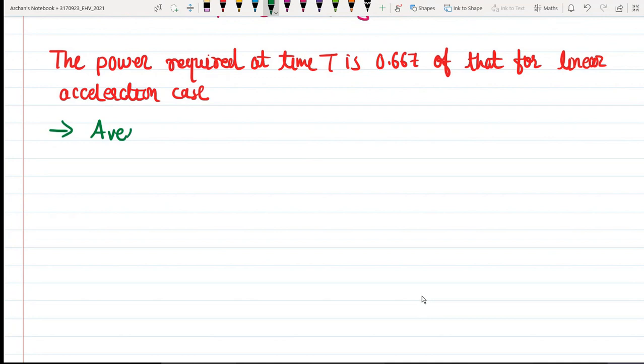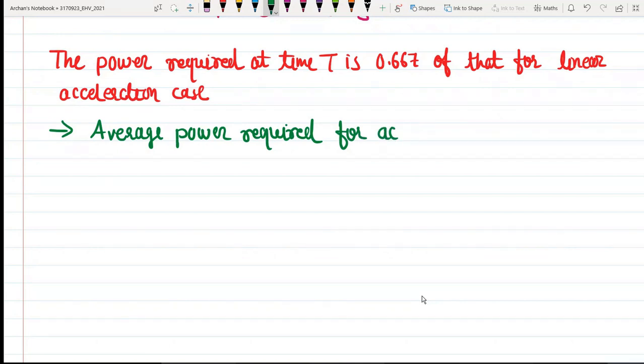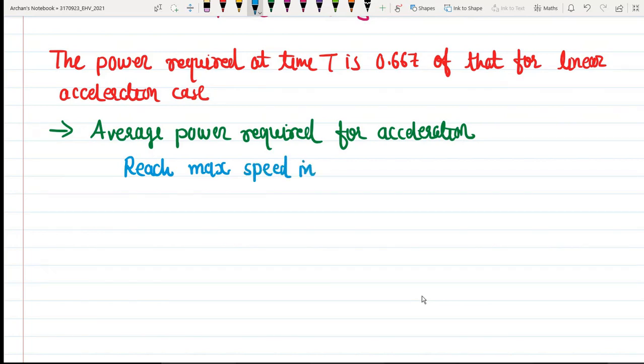So we are about to calculate the average power required for acceleration. Our requirement is to reach maximum speed in, let us say, 20 seconds.